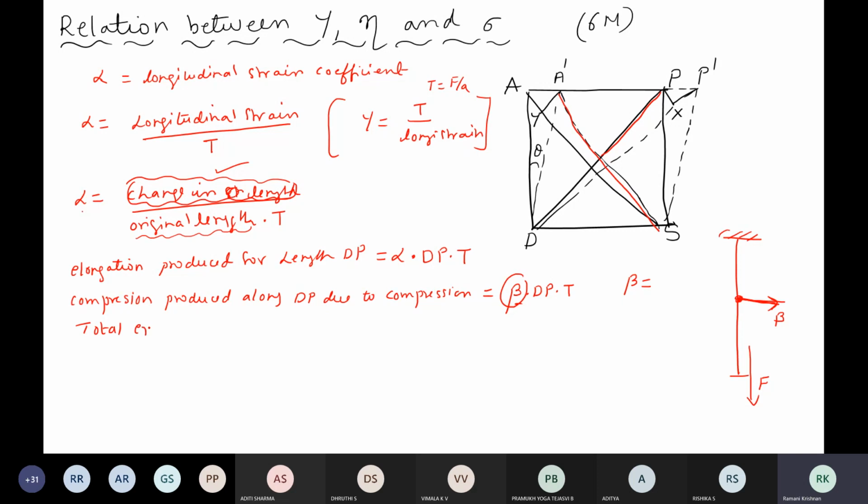The total extension along dp is due to both alpha and beta, so I should add. dp is common, t is common, then alpha plus beta.